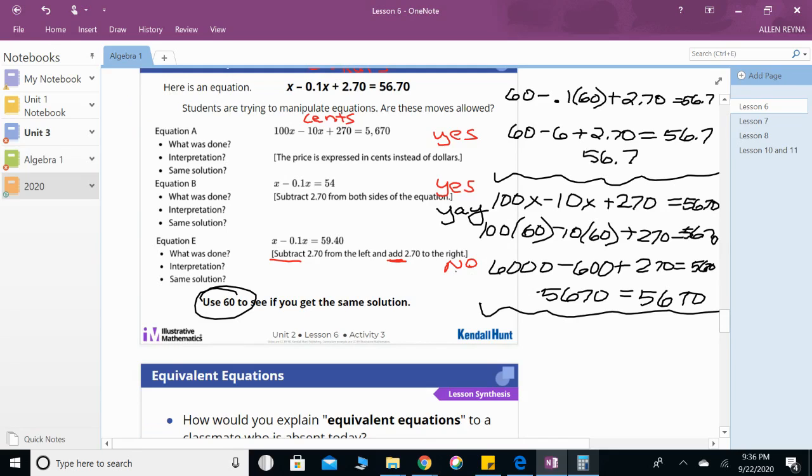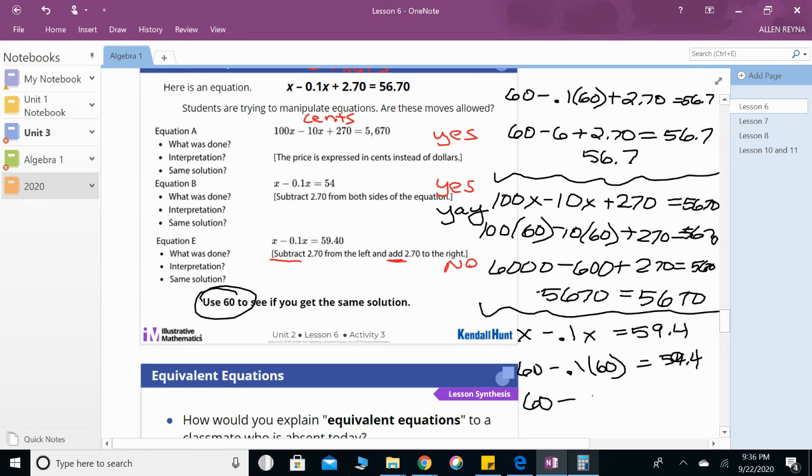We said no, this is not allowed, so it should not be equal, but we're going to check. So x minus 0.1x equals 59.4. We're going to do 60 minus 0.1 times 60 equals 59.4.